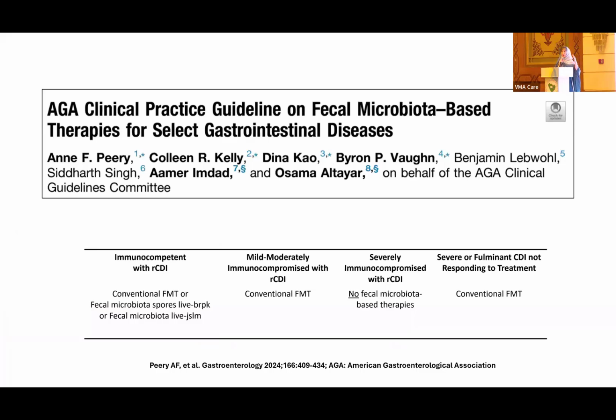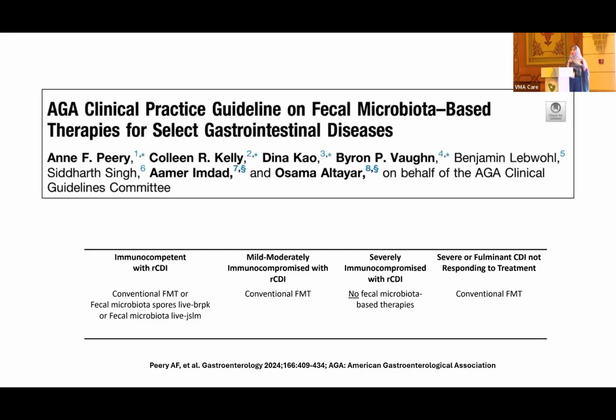And recently, based on this systematic review and multiple retrospective studies, the American Gastroenterology Association, also in 2024, just published that immunocompetent patients have to go for a fecal transplant in recurrent C. diff, and mildly to moderately immunocompromised patients can go for a conventional fecal microbial transplant.